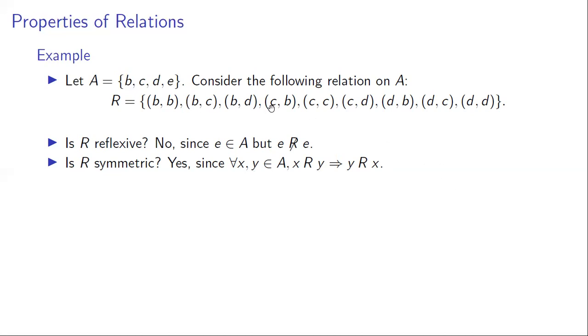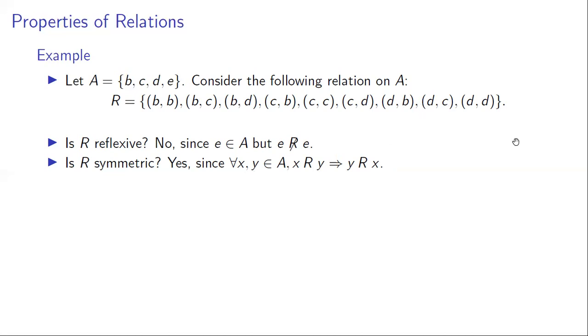If you look at these pairs, it seems reasonable. For example, we have B comma C, and we also have C comma B. We have C comma D, and we also have D comma C, and so on.